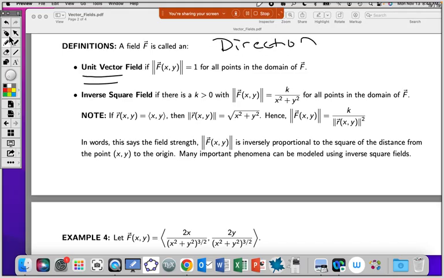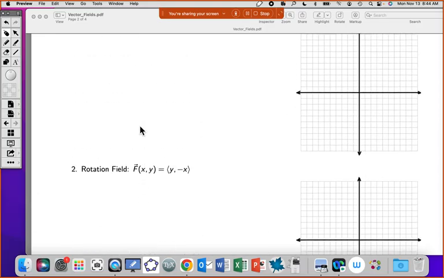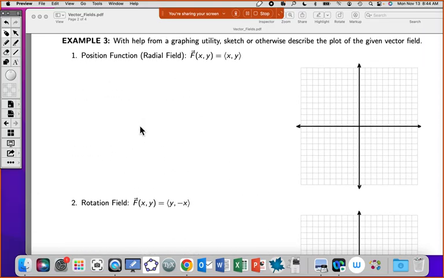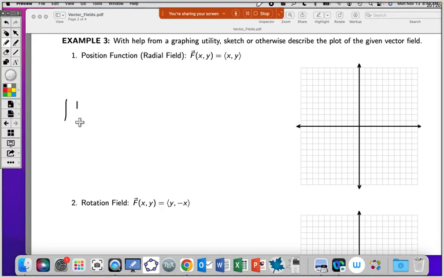For example, if I looked at the norm or the magnitude of either of these two fields, well, how do you get the length of a vector again? It's a callback to what theorem? Yep, Pythagorean. You square the components, add them up, take the square root.